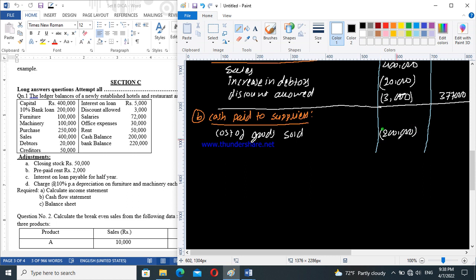Expenses are always minus, and increase in creditors. When the liabilities increase, the business has cash inflow. Therefore, the value is positive. Write down over here 50,000 plus, and increase in closing stock.